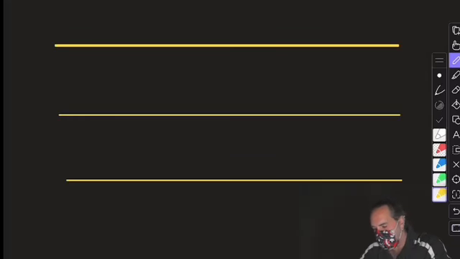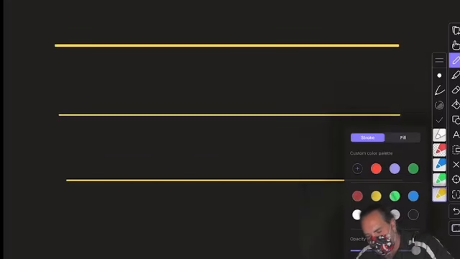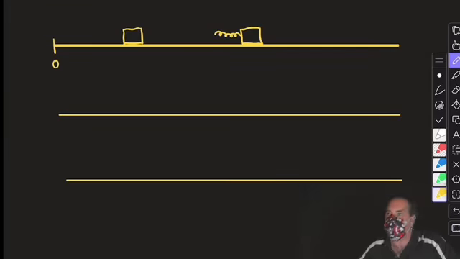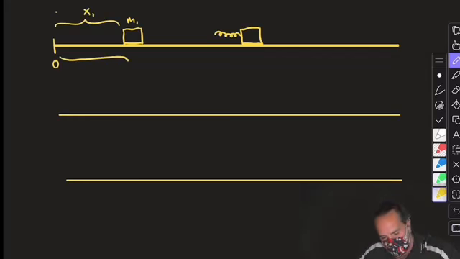But let's do something fun for the beginning of this problem. And by fun, I mean fun for me. 2 boxes. Reference point. Distance x1 to box 1, and distance x2 to box 2.